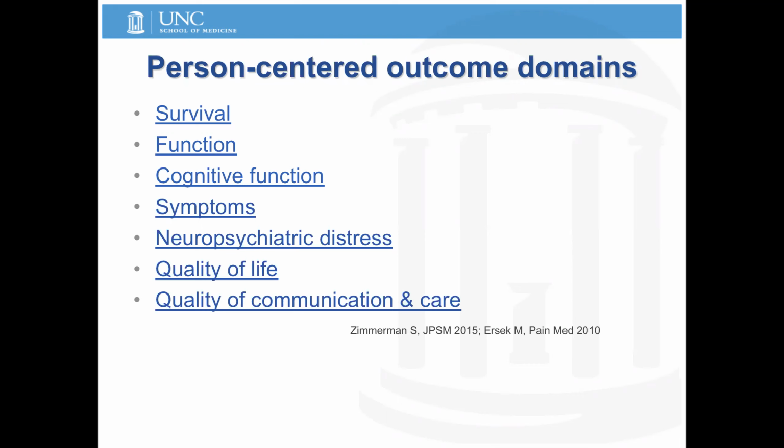Neuropsychiatric distress, which is really an area of symptom outcomes, but has lots of implications for daily functioning as well as for caregiving needs. The domain of quality of life, central to palliative care, but an area that is somewhat mysterious in dementia, and I'll talk a little more about that. And then finally, the quality of communication and care experienced both by the individual and the caregiver.